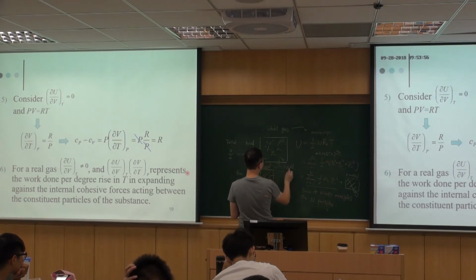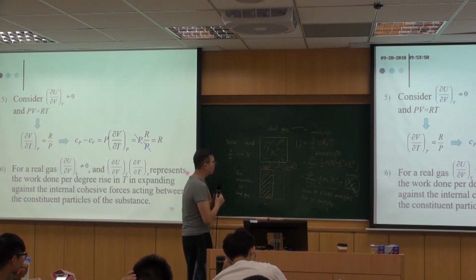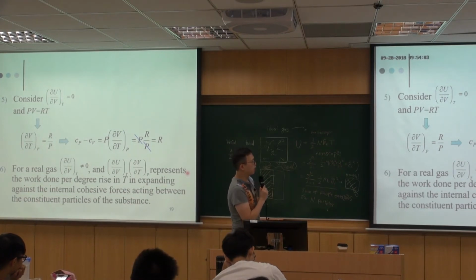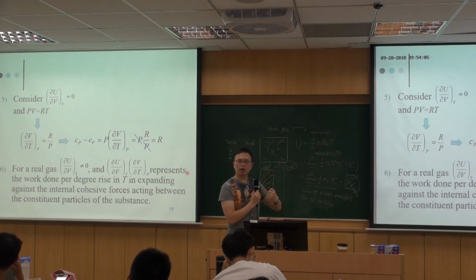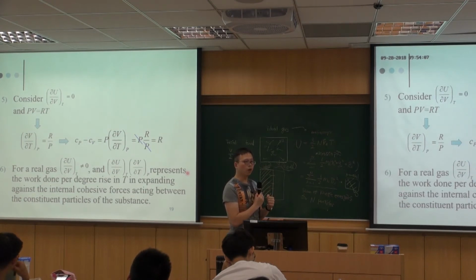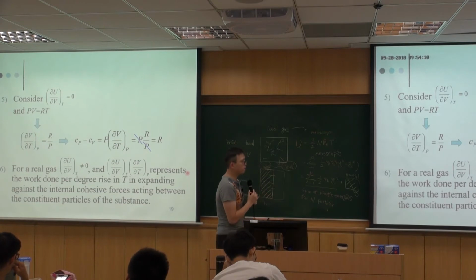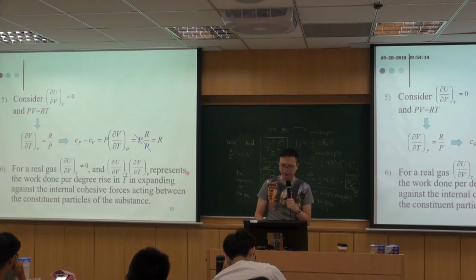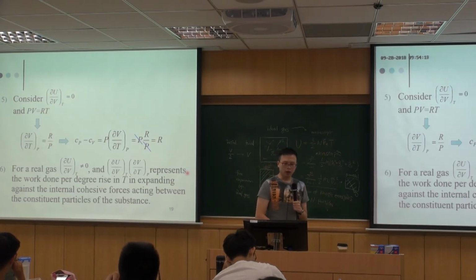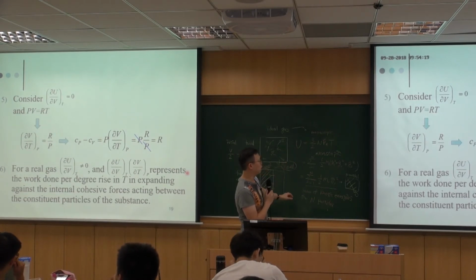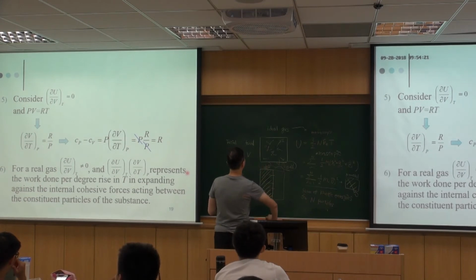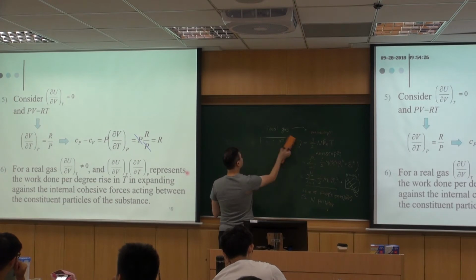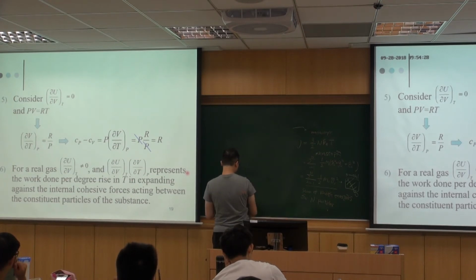So if you're dealing with solid and liquid, typically you have a very large partial U, partial V, and that is because when you try to change the volume of your material, you have to spend a lot of work, and then to change the internal structure of your material. So partial U, partial V is typically small for gas, and typically very large for liquid and solid.